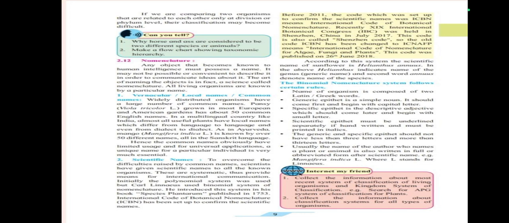Initially, the polynomial system was used, but Carl Linnaeus used a binomial system of nomenclature. He introduced this system in his book, Species Plantarum, published in 1753. The International Code of Botanical Nomenclature (ICBN) has been set up to confirm all the scientific names.